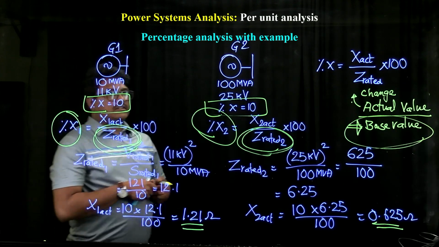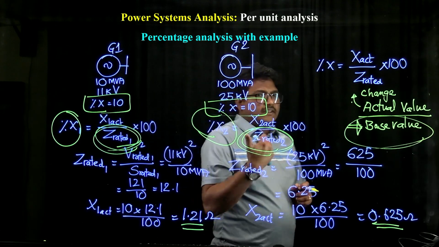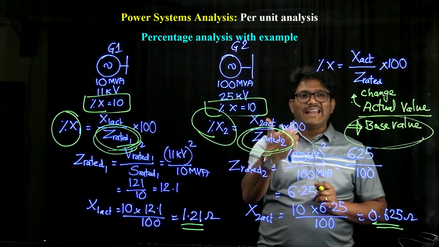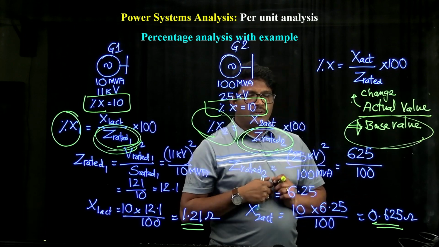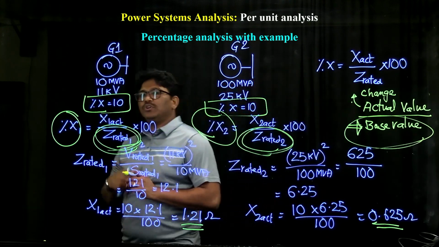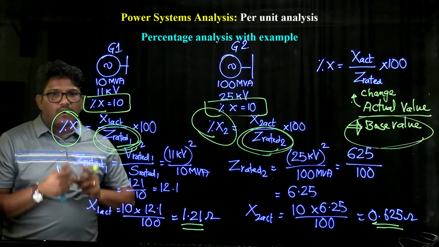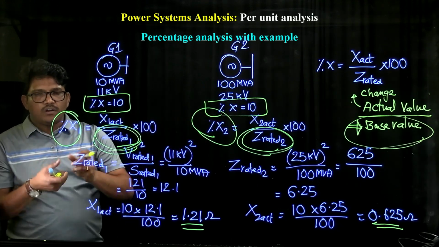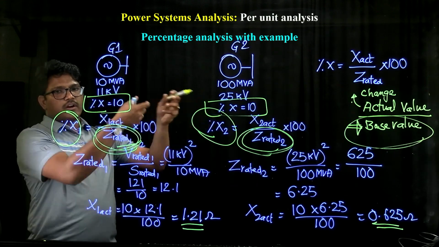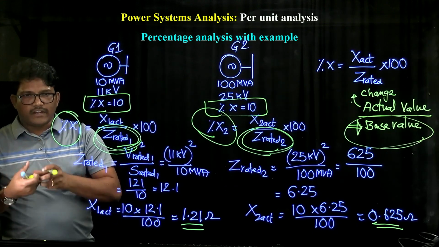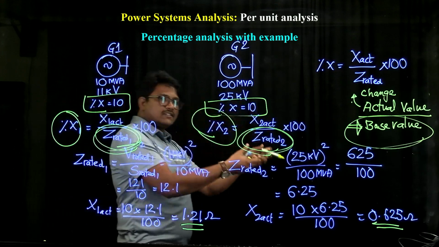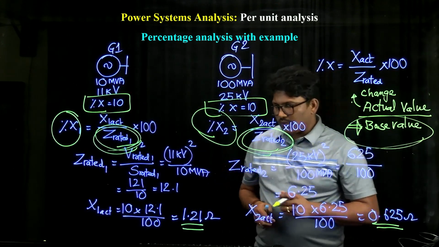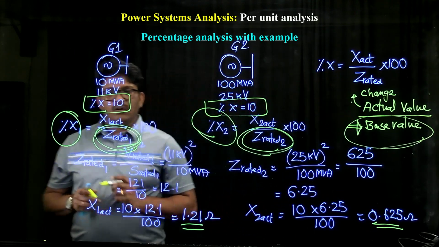And that's the basic problem with the percentage analysis, where your quantities are represented, referred to the ratings of the machines itself. Now, if you don't want to refer them to the ratings, and if you want to refer all the quantities of impedances to a common impedance reference, all the quantities of currents to a common reference of current, and all the voltages to a common reference of voltages, that's what we call per unit quantities.